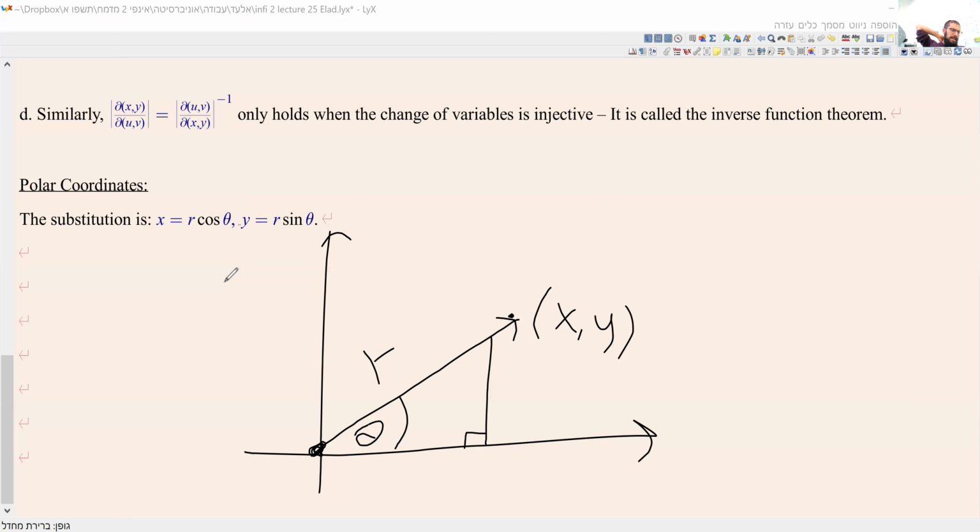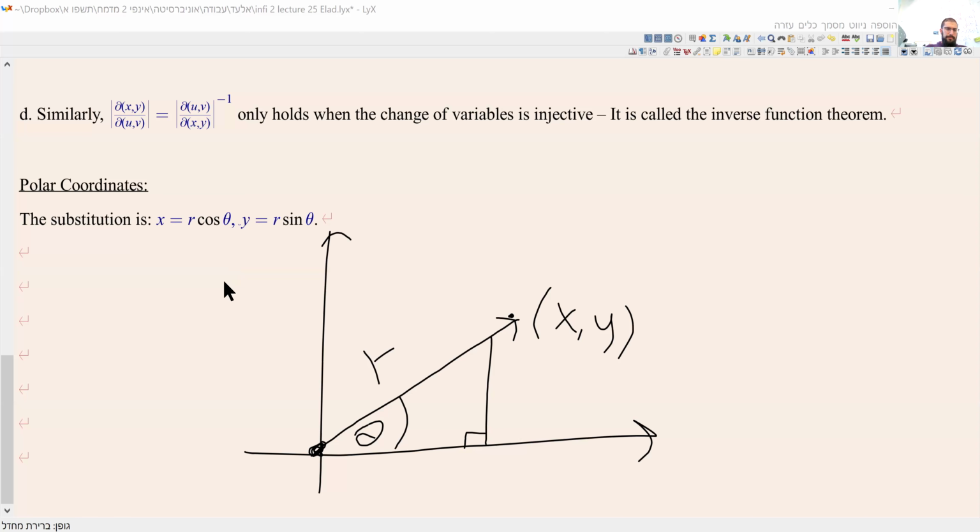Now, as I said, it's not very important, but you should be convinced that this is an injective substitution. I mean, if you know r and you know theta, you will have the specific point xy. As long as you know the angle and the distance from the origin, you will have only one specific point.